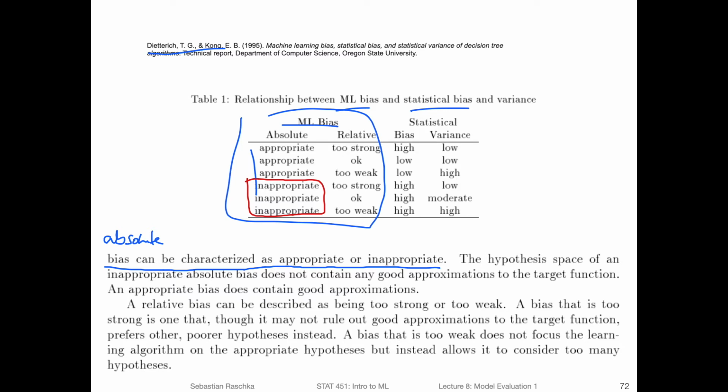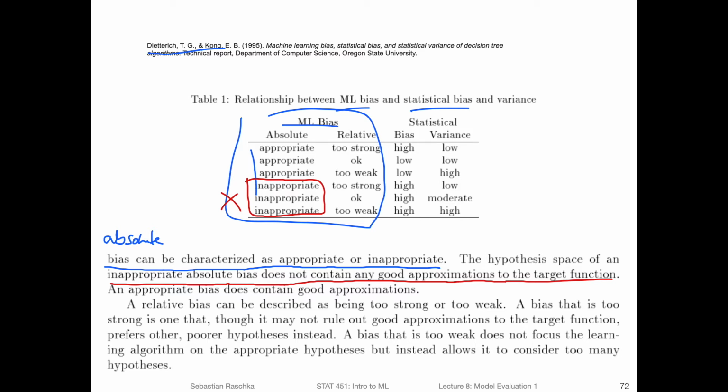So the inappropriate absolute bias does not contain any good approximation to the target function. So these are all the bad cases where the bias is inappropriate, such that the hypothesis space doesn't contain any good solutions. So this would be a case where the algorithm is not very well suited to a given problem.